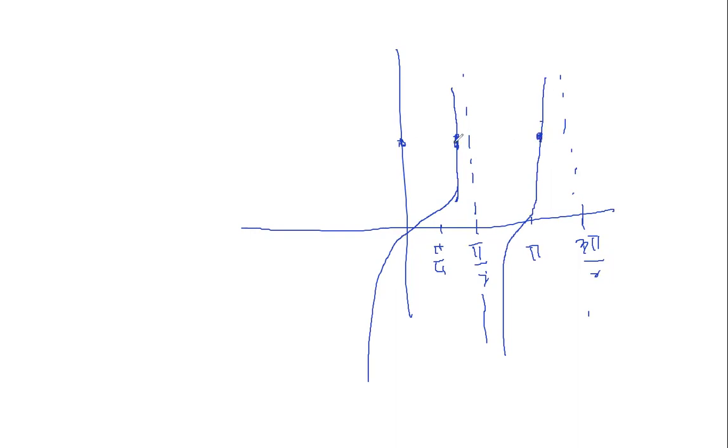Okay, we're talking about tangent x equals 1. So the value of x here is pi over 4, right? And the other one is 5 pi over 4.